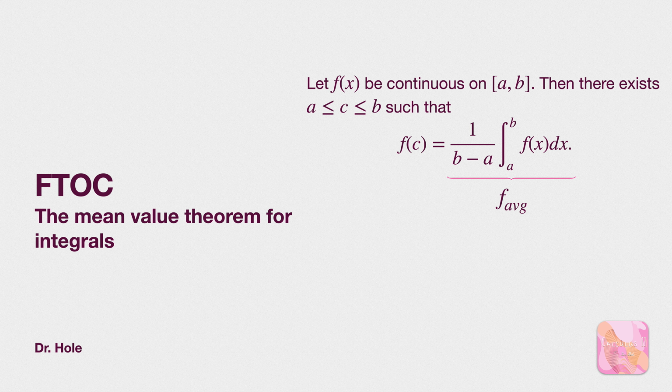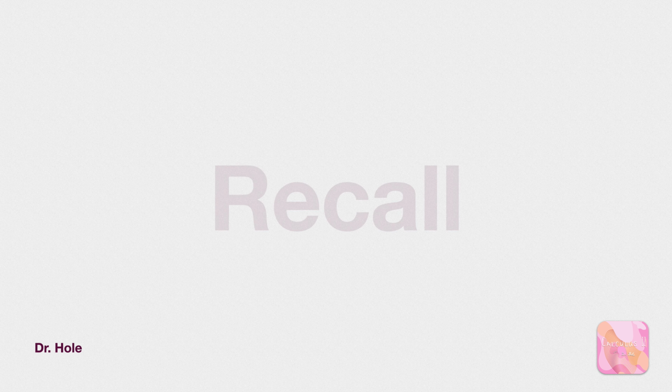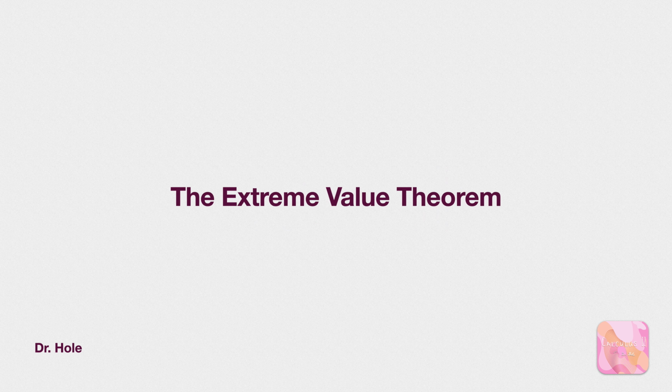Okay, so we want to produce the proof of this theorem. And as I mentioned, we're going to need some results from Calculus 1. The first result that we're going to use is the extreme value theorem, EVT.